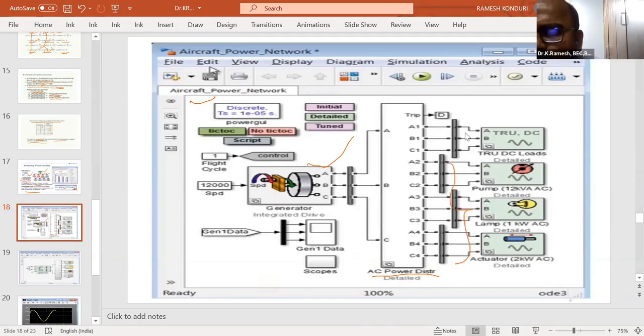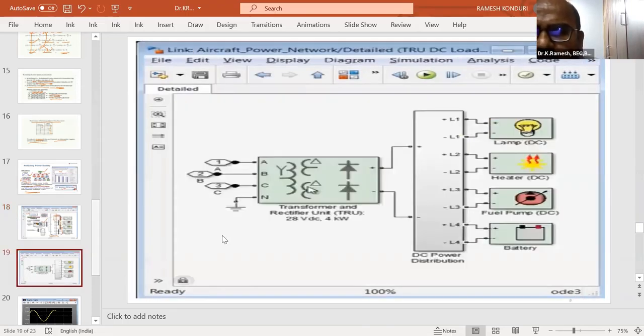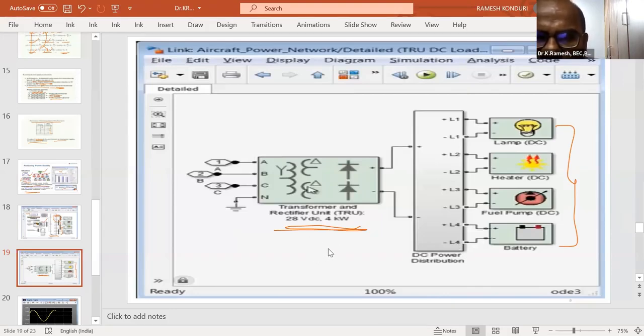These are the AC loads and these are the DC loads, which have inside a transformer and a rectifier unit. The transformer AC output will be given to the rectifier to convert to DC, where DC lamps and heaters can be switched on and off as shown in the load cycle. So this is the system.